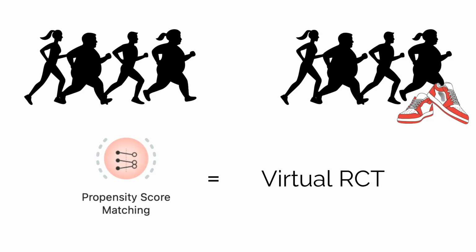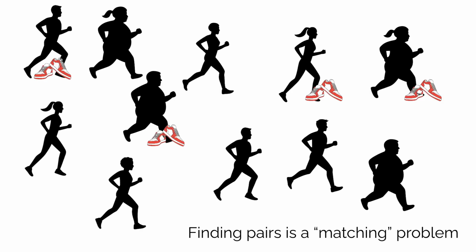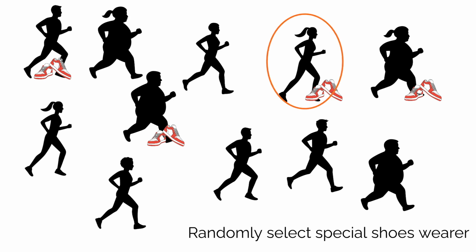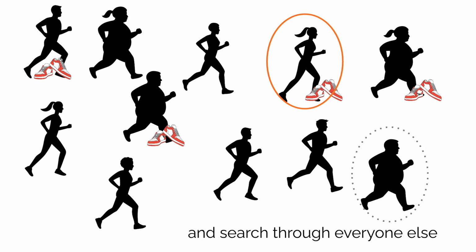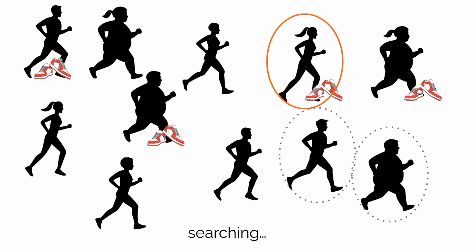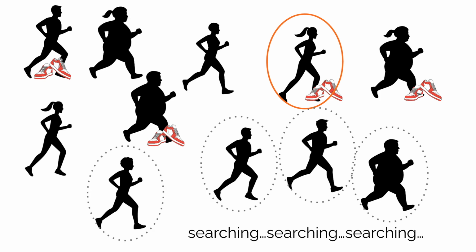From here, let's deep dive into more details. For those familiar with data science, you've probably realized by now that this is a search and matching problem. Randomly select a special shoes wearer and search through everyone else. The idea is that you can just search for a person who matches among everyone else to find a perfect match.